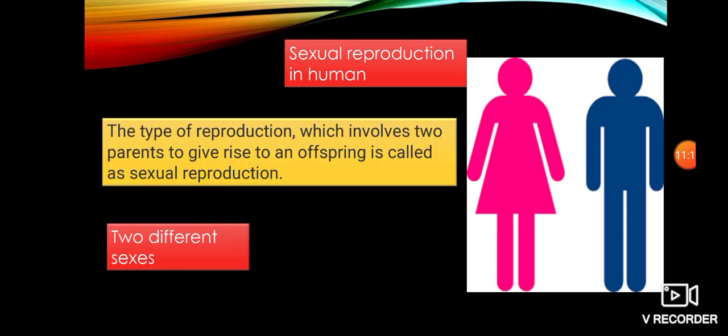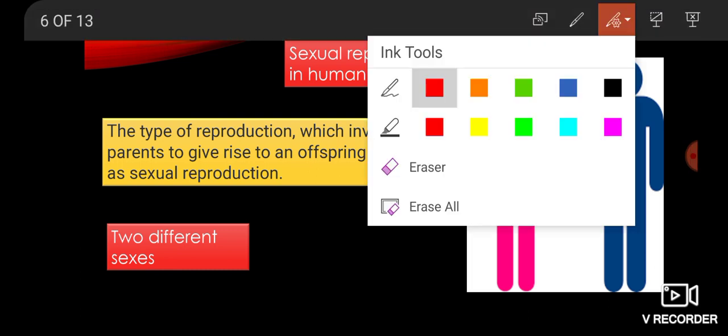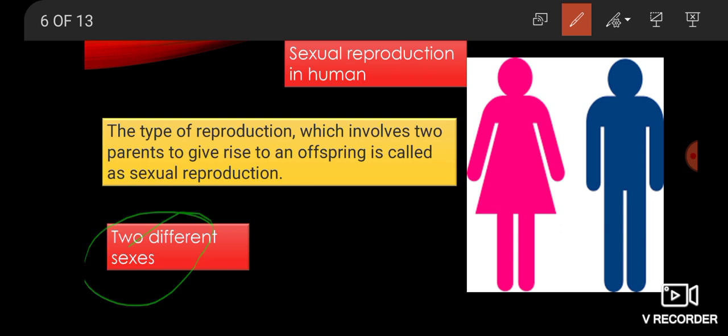Here we are taking the definition of sexual reproduction in humans. The definition says the type of reproduction which involves two parents to give rise to an offspring is called sexual reproduction. So you can get the idea that two parents are required, or simply, two different sexes are required.